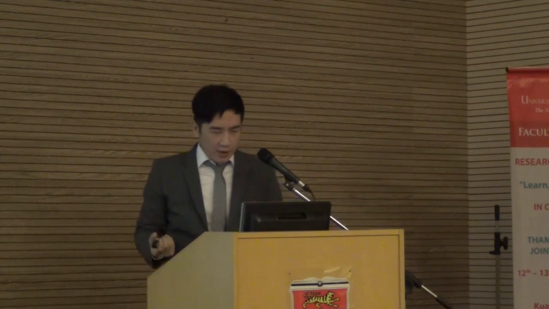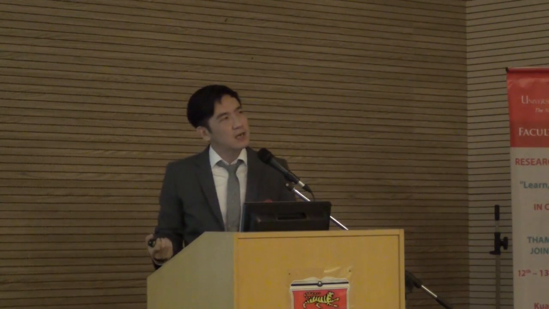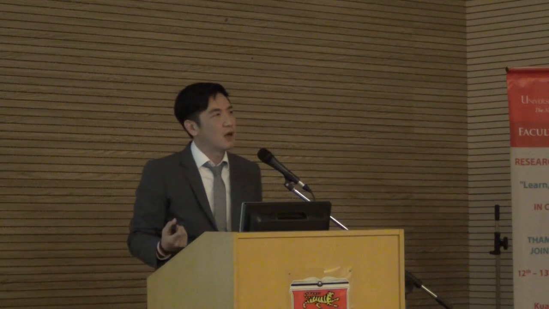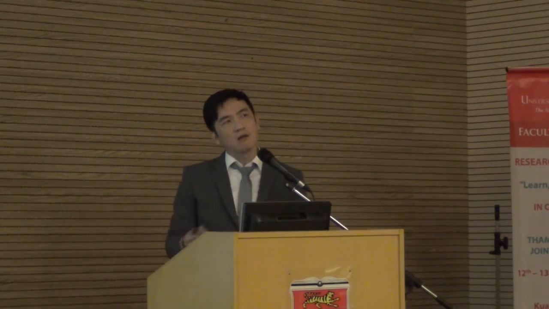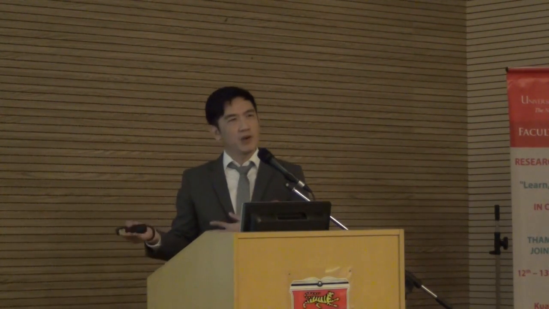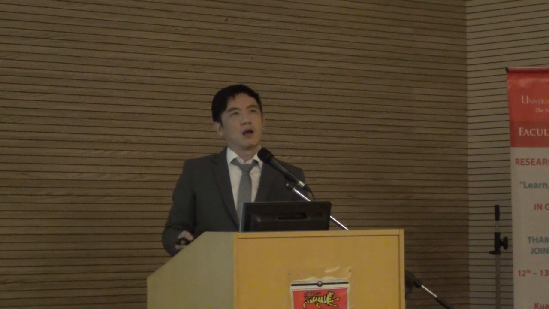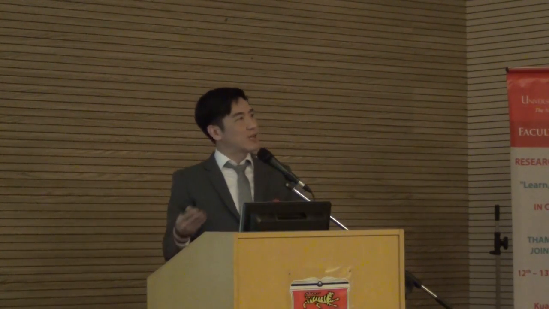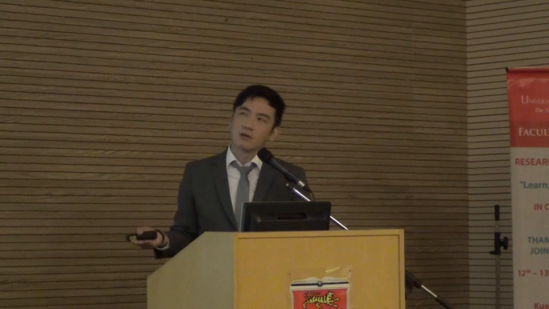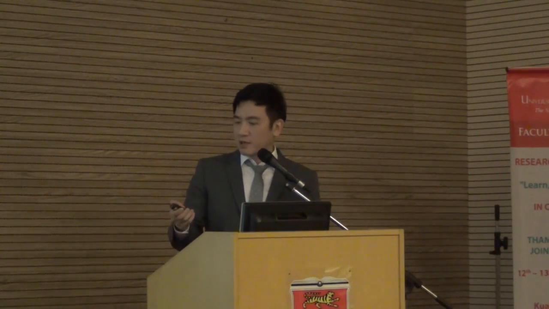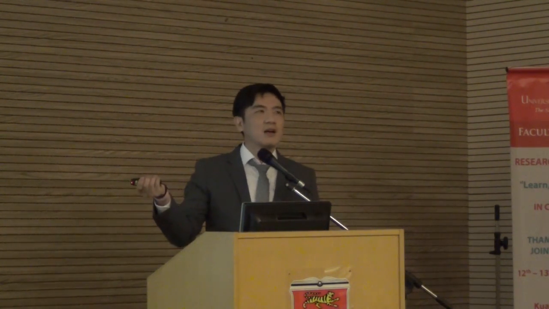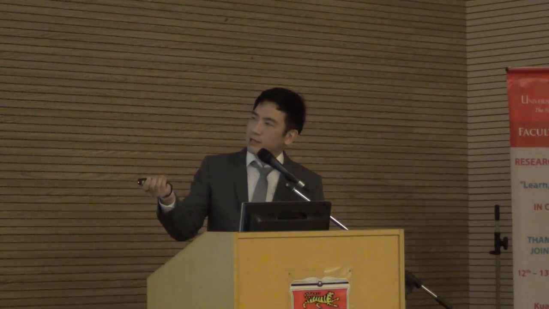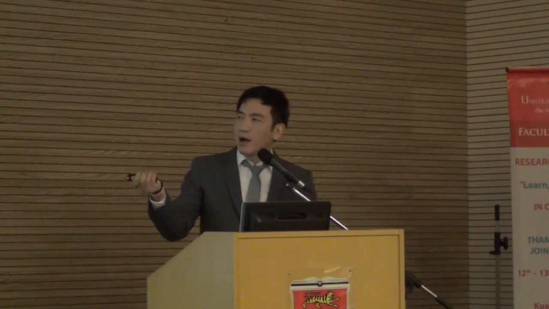The second factor that determines the intention is the subjective norms. To put it simply, subjective norms are your perception of how your important others want you to do the behavior. Let's say our colleagues want us to do the behavior or not, or how your professional organization wants you to do the behavior. The third factor, which was added later on in 1991, is the perceived behavioral control.